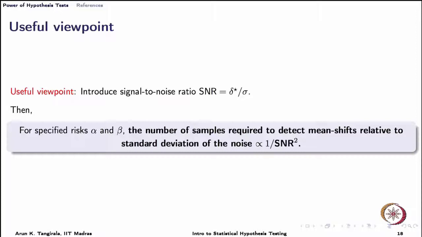What does it mean? As the signal to noise ratio increases, that means let us say I have some level of randomness and variability, which is probably due to noise, the delta should be much higher than the noise level for me to be able to detect it.